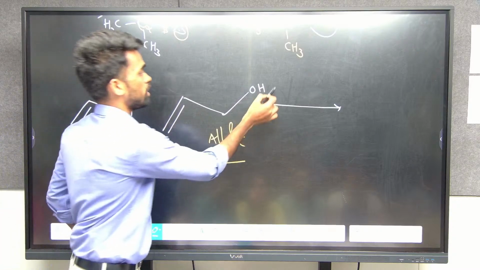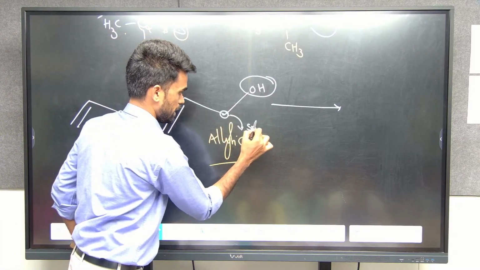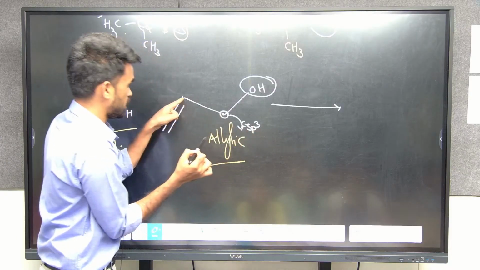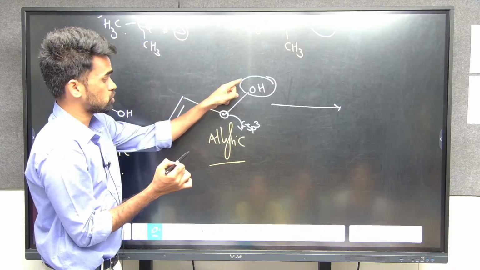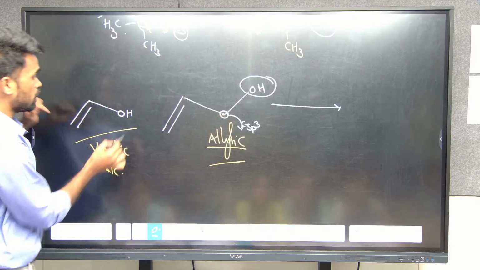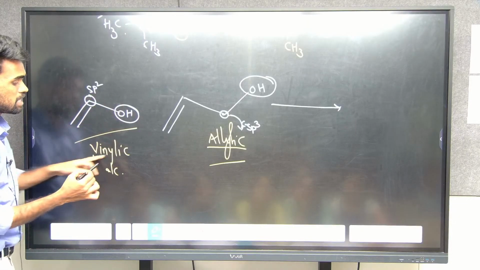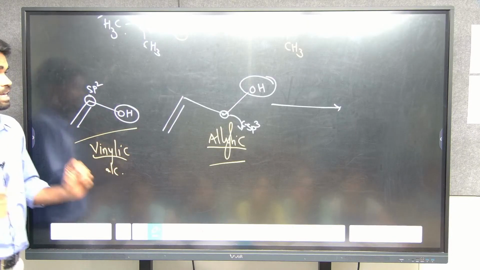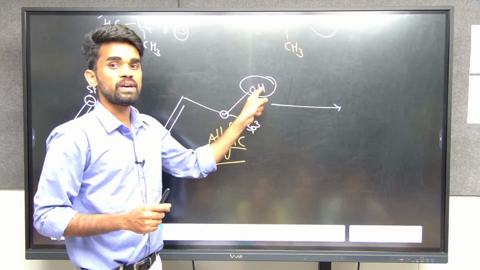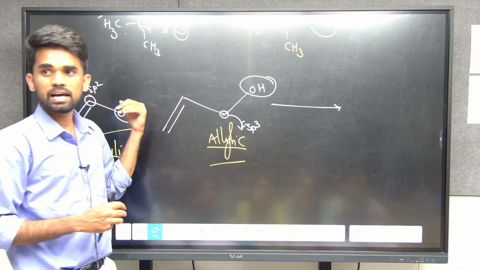If the OH group is on an sp3 carbon which is attached to an sp2 carbon, you should say it as allylic alcohol or allylic carbon. Here the OH group is directly on which carbon? sp2 now. So this is called vinylic. That's it. Very simple. If instead of OH we have X, you should say allylic halides, vinylic halides.